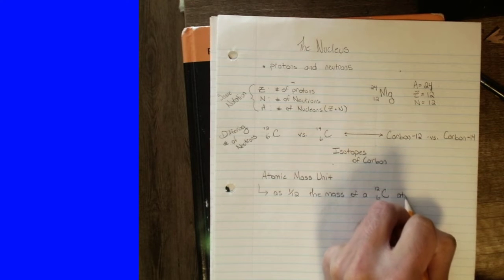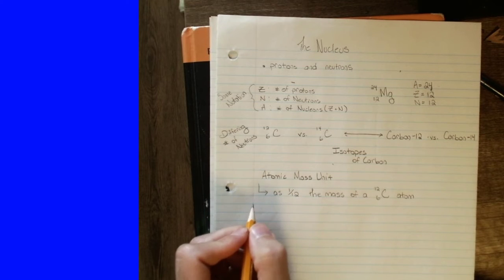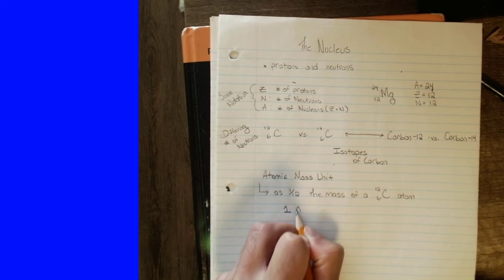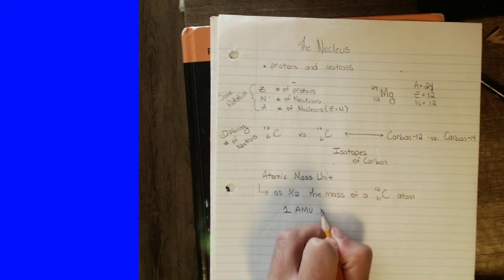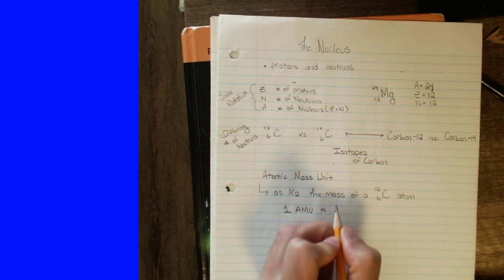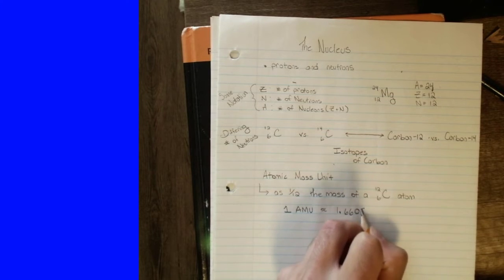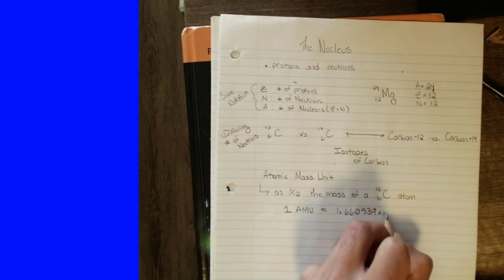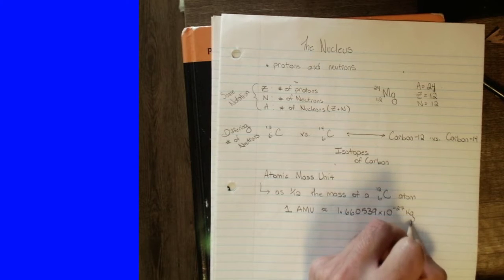So whatever the mass of a carbon-12 atom is, if we take 1/12 of that mass, we get what's called one atomic mass unit. This is roughly equivalent to 1.660539 times 10 to the negative 27 kilograms.